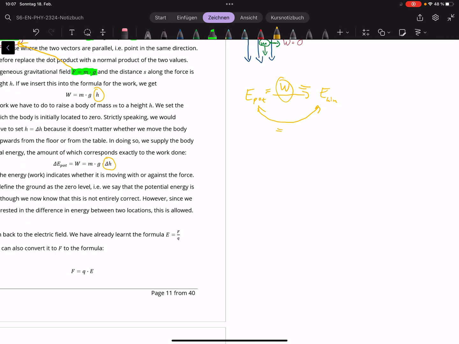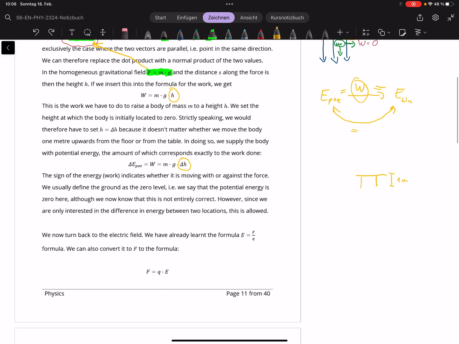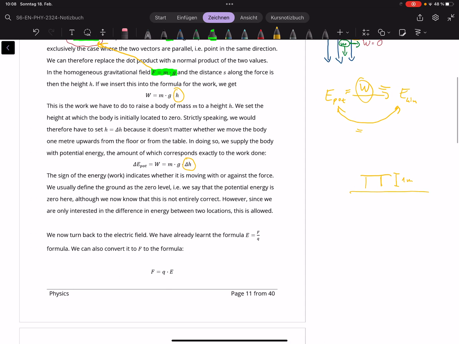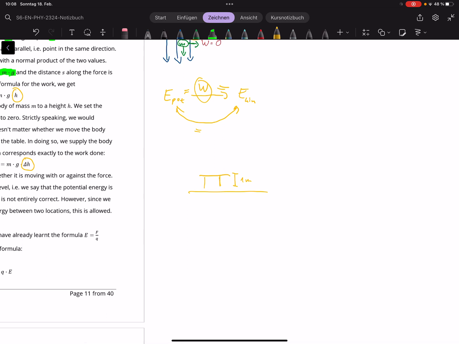Okay, so if we have a table, for example, that has a certain height, let's say 1 meter, but the table might be located on the first floor of a house.